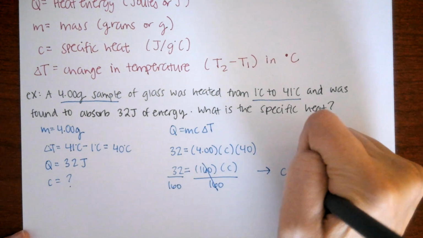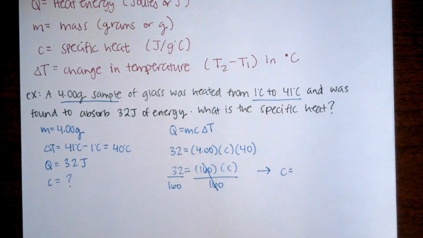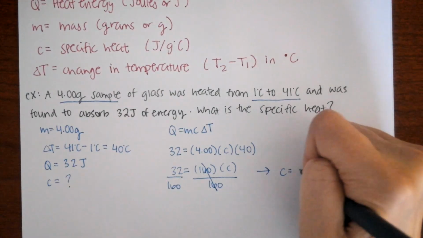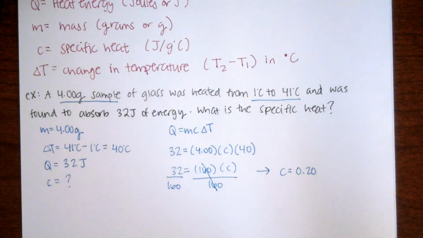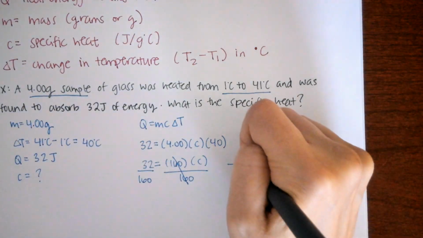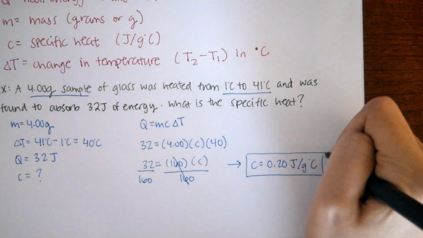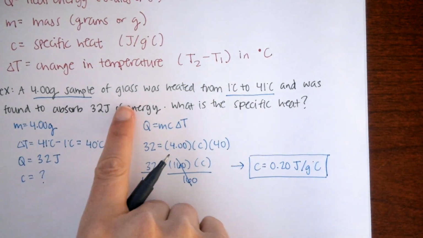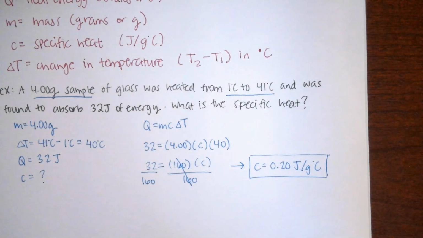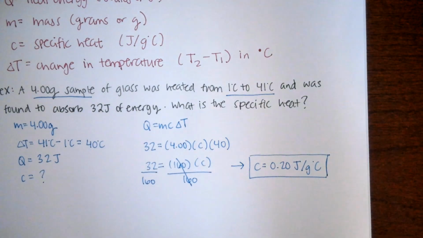So my specific heat, when you divide 32 by 160, you get 0.2. And the units for that are joules per gram degrees Celsius. What this value tells us is that for 1 gram of glass, it takes 0.2 joules to raise the temperature by 1 degree Celsius. Okay?